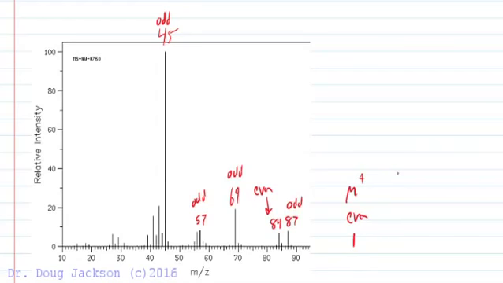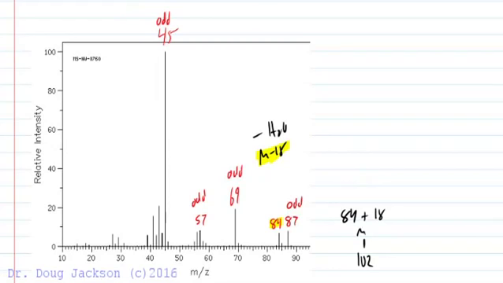So what we look for are these even clues here. This is likely due to an alcohol, and this is an M-18. This is loss of water, so this is minus H2O, loss of water from our molecular ion. And so we can figure out what the molecular ion should be by saying 84 plus 18, and that's 102 is our molecular ion, but it's too unstable.